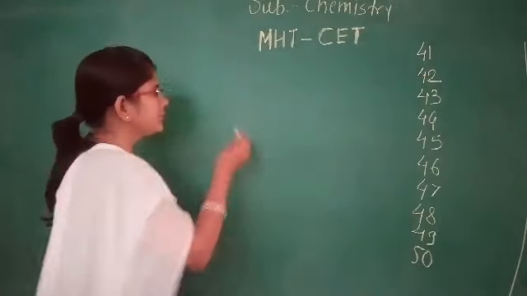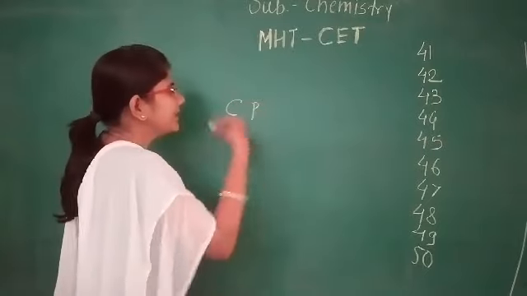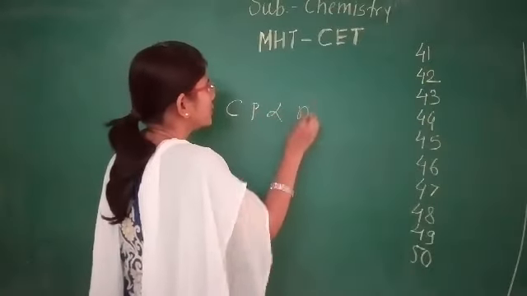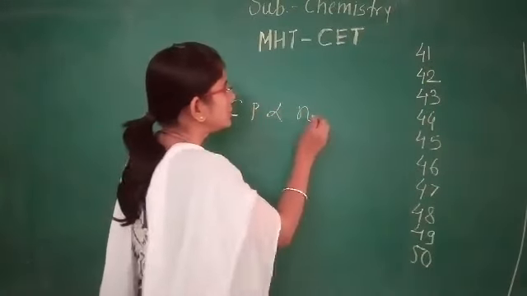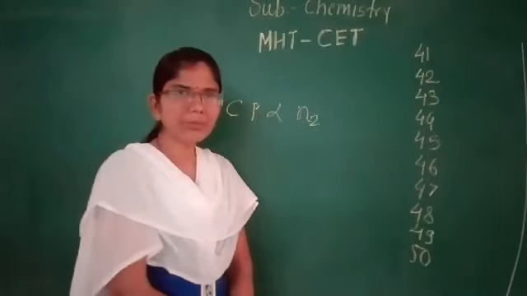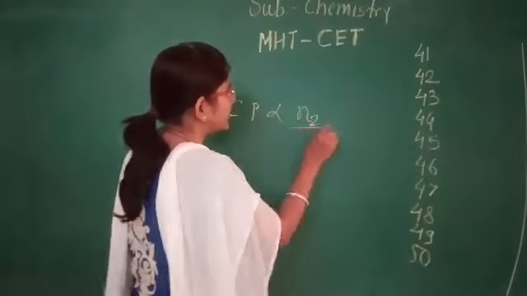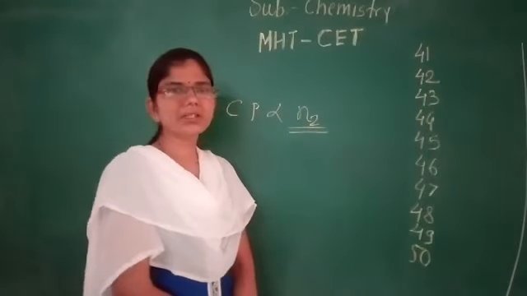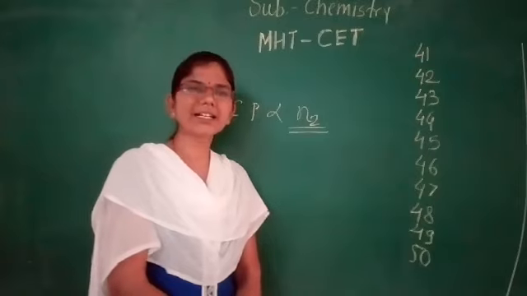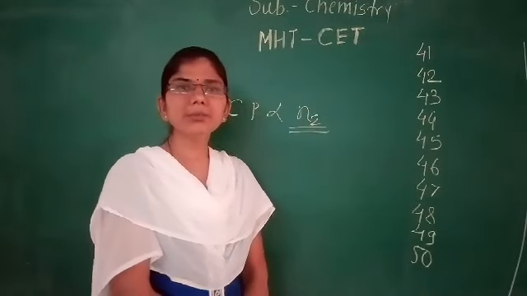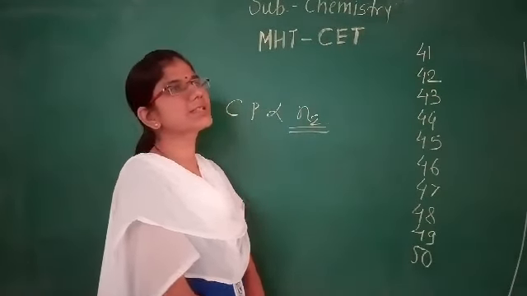Means all the four colligative properties are directly proportional to the number of solute particles, and the number of solute particles is denoted by the letter N2. So the colligative properties are directly proportional to the number of solute particles only.